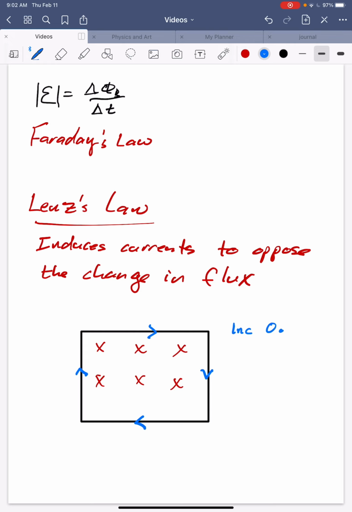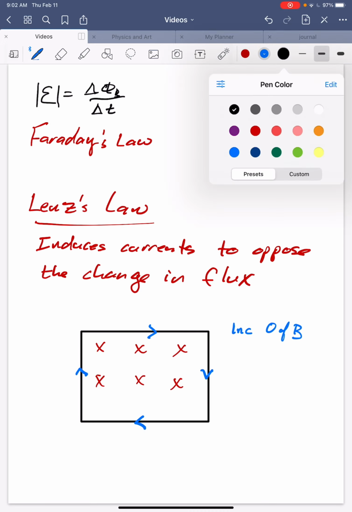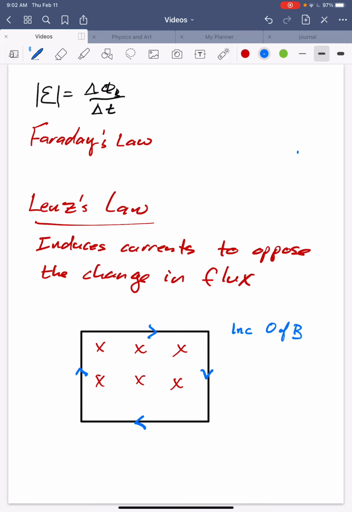Now, this is increasing out of the board. If my out of the board was decreasing instead of increasing, well then if it's decreasing out of the board, I want to oppose that decreasing change, so we need to induce currents that are producing a magnetic field out of the board, so I'd actually induce currents in this direction.